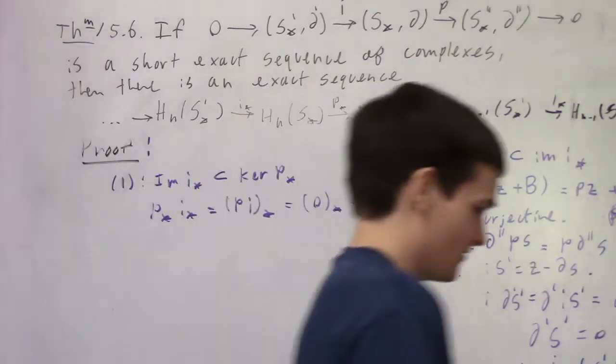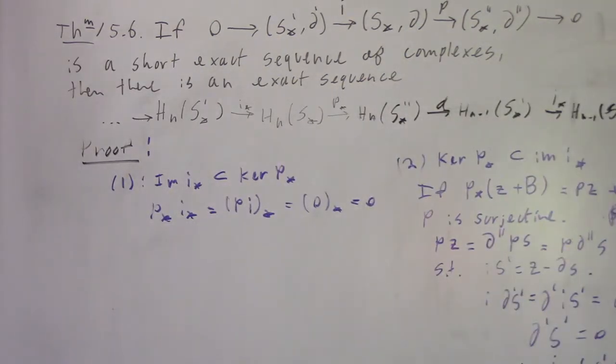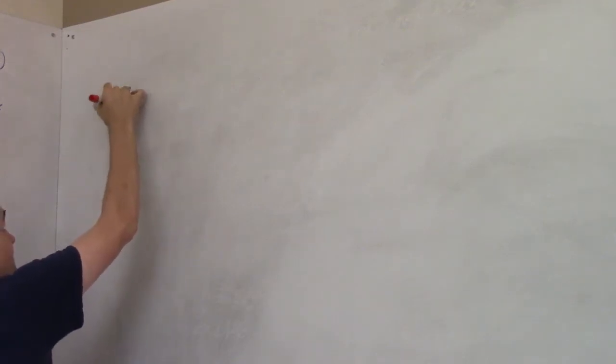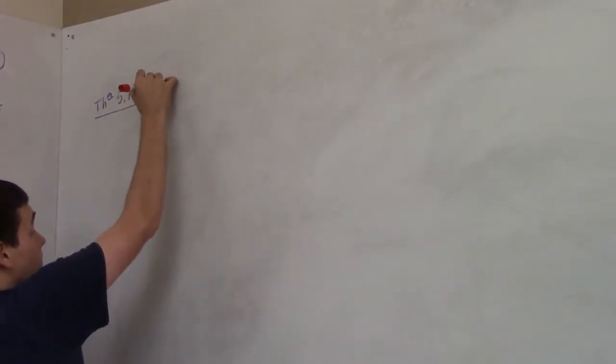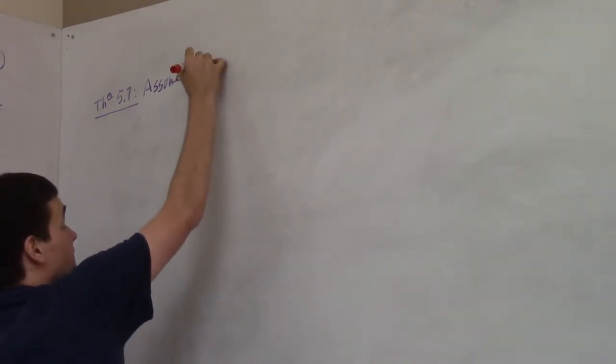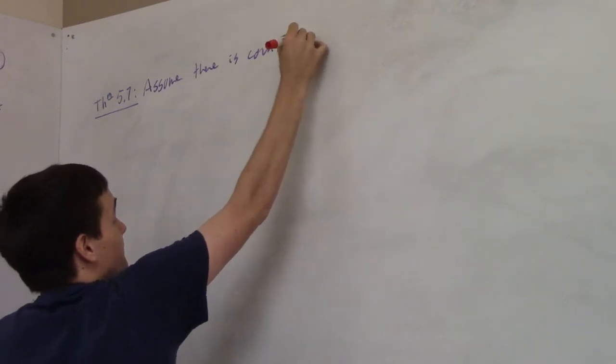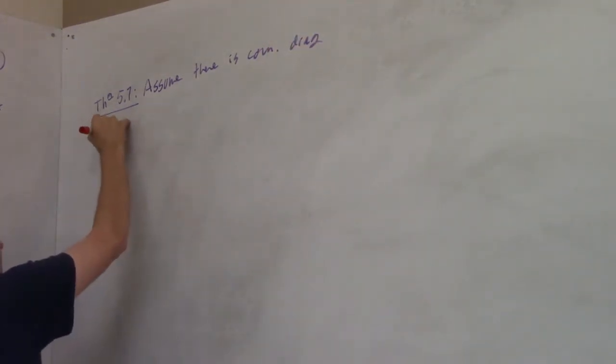Right, so our next theorem is naturality of connecting homomorphism, 5.7. So we have, assume there is a commuting diagram of complexes with exact rows.